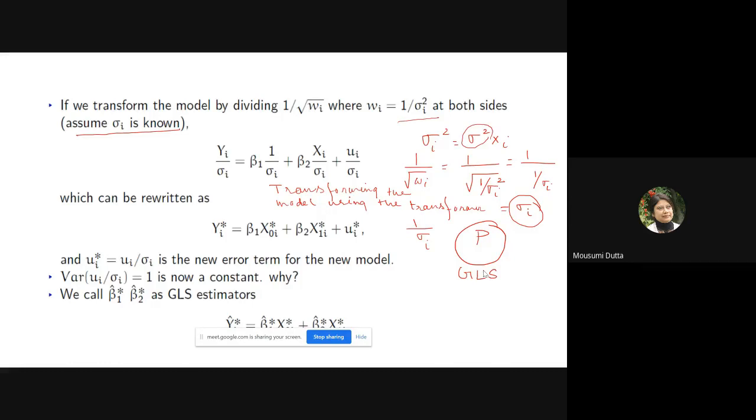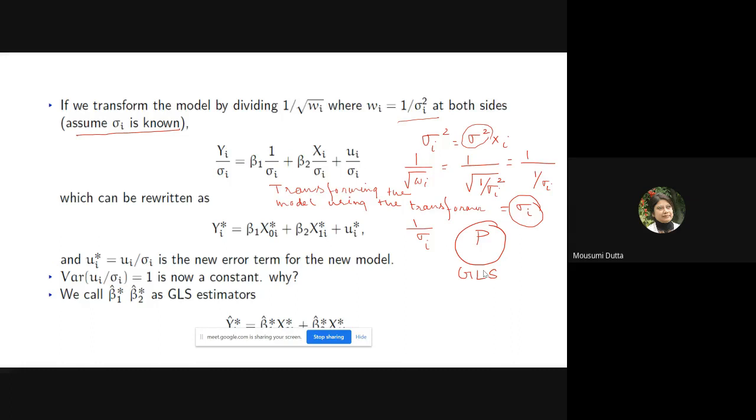It is transforming omega in such a way so that when we are transforming the model, we can get back the best linear unbiased estimator. So here I am trying to find out a weight which will be treated as transformer, and we need to check while we are transforming whether we get back the best linear unbiased estimator or not.